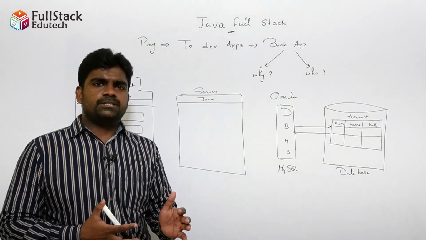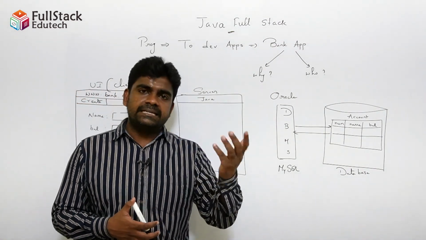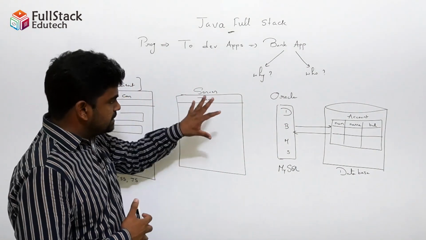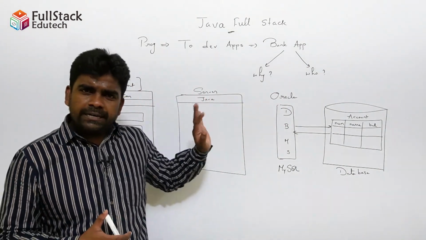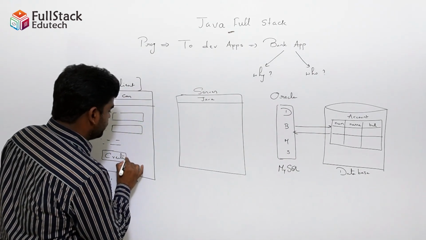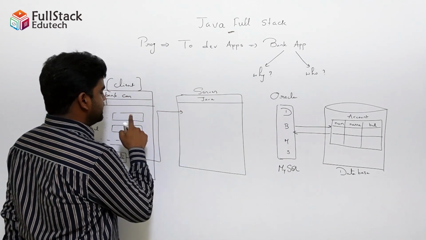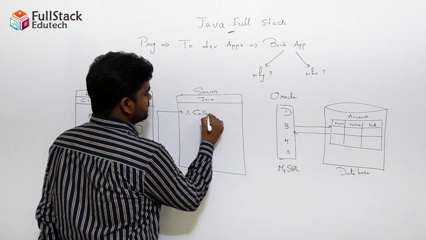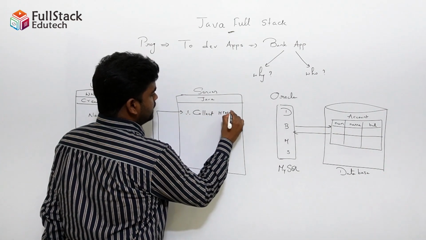Servlets, JSP. Where we use all these things, in the next video I will explain clearly. But what is server-side programming responsible for? Simple. Whatever information we submit in the HTML page, it will collect. First one, collect the HTML input.